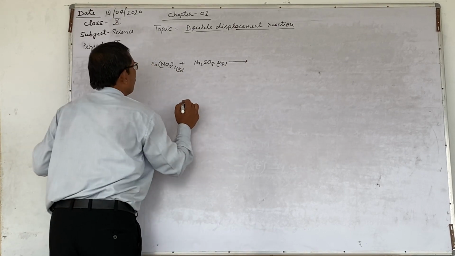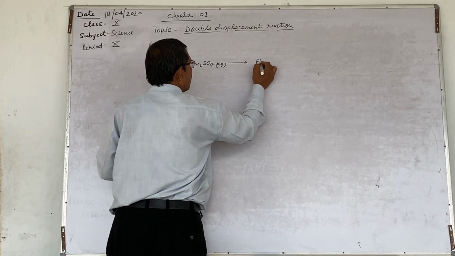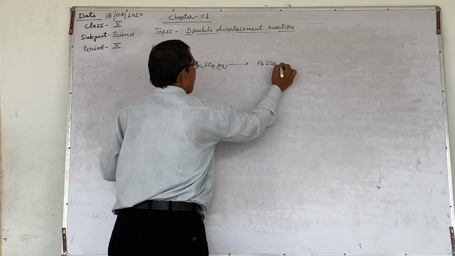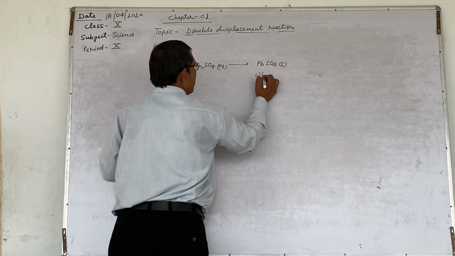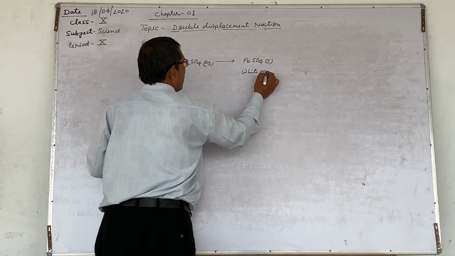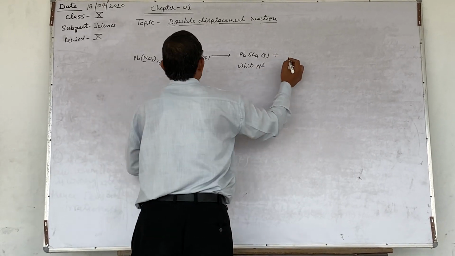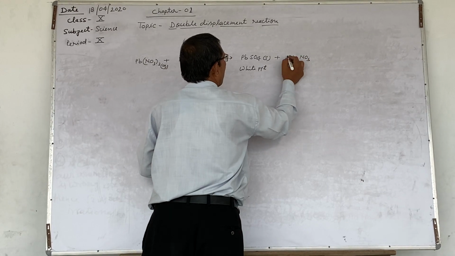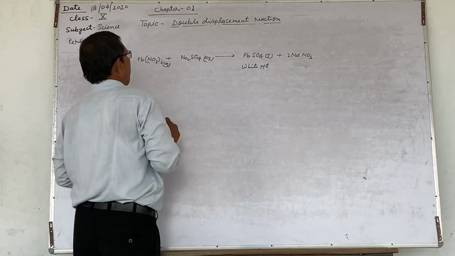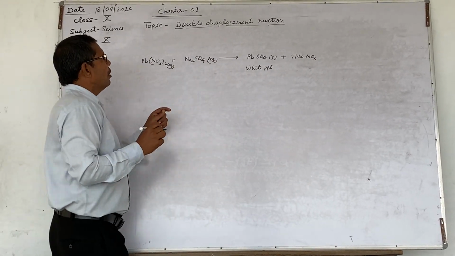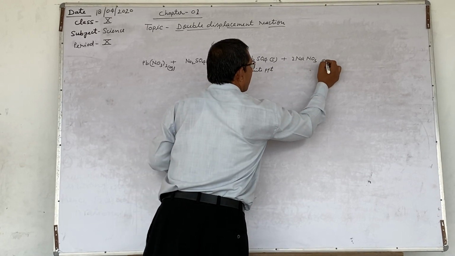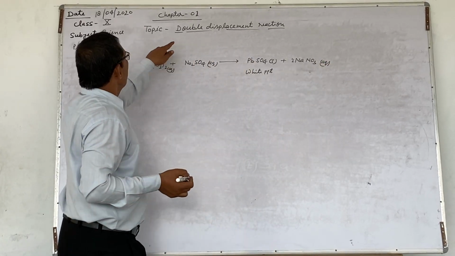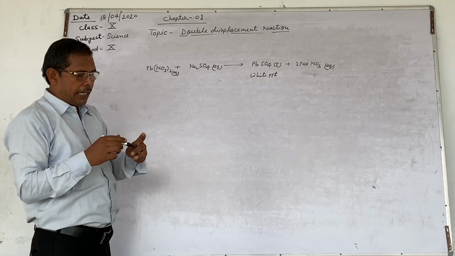They react to produce lead sulfate solid, white PPT plus sodium nitrate. Right? So a lot of chemical reaction can be put under double displacement reaction.